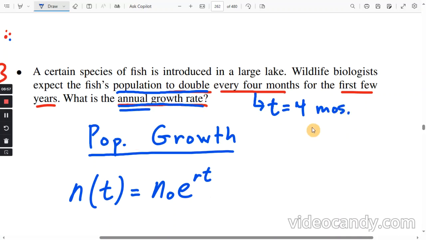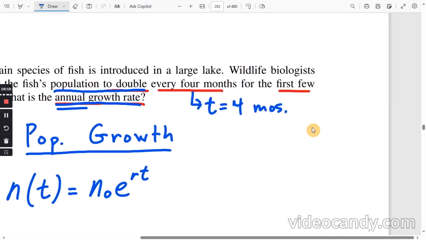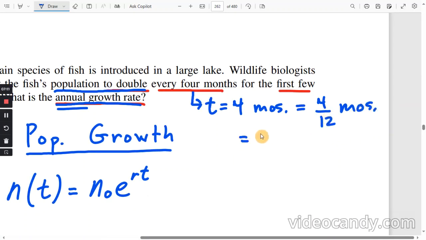So we might as well convert months to years. How many years is 4 months? Well, that is basically just 4 over 12 months. And if you reduce 4 over 12, that's just 1/3. So that's what we're going to use for t.